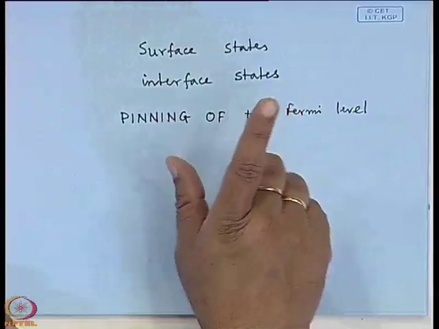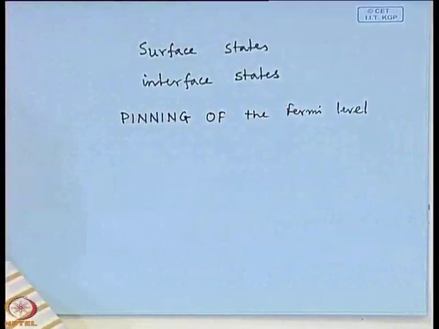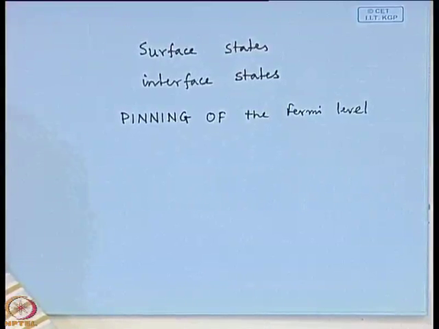In many semiconductors it is found, not only for gallium arsenide, but since gallium arsenide and silicon are very well documented materials, people have seen that for gallium arsenide it happens, whereas for silicon it does not. That is why the variation is not very severe in case of gallium arsenide, whatever metal you use.